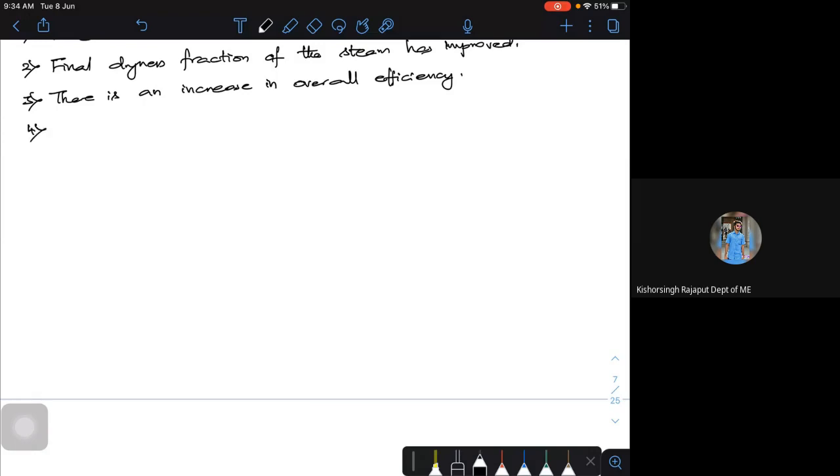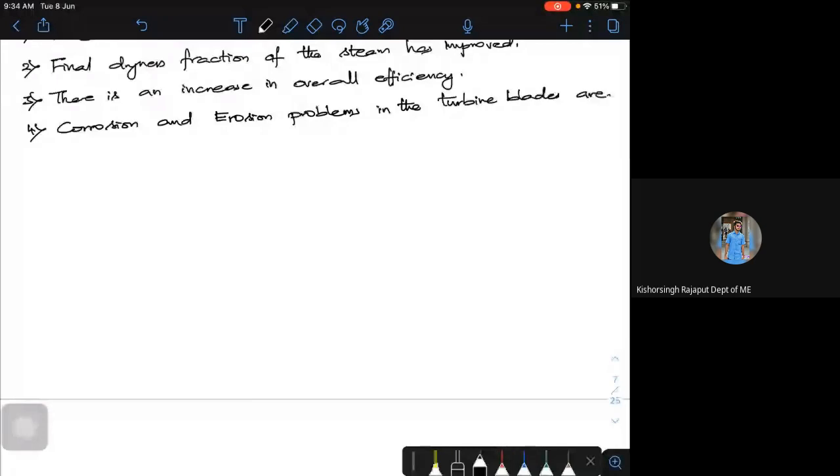The corrosion and erosion problems in the turbine blades can be minimized.